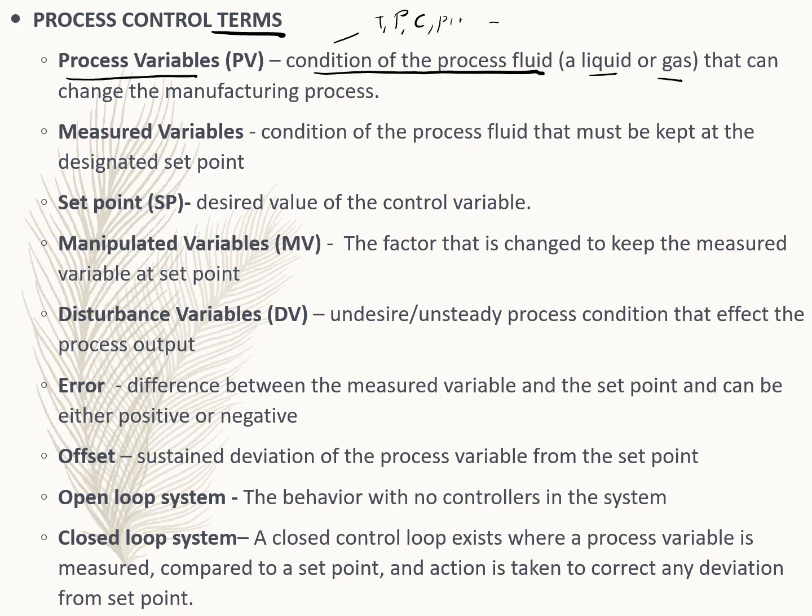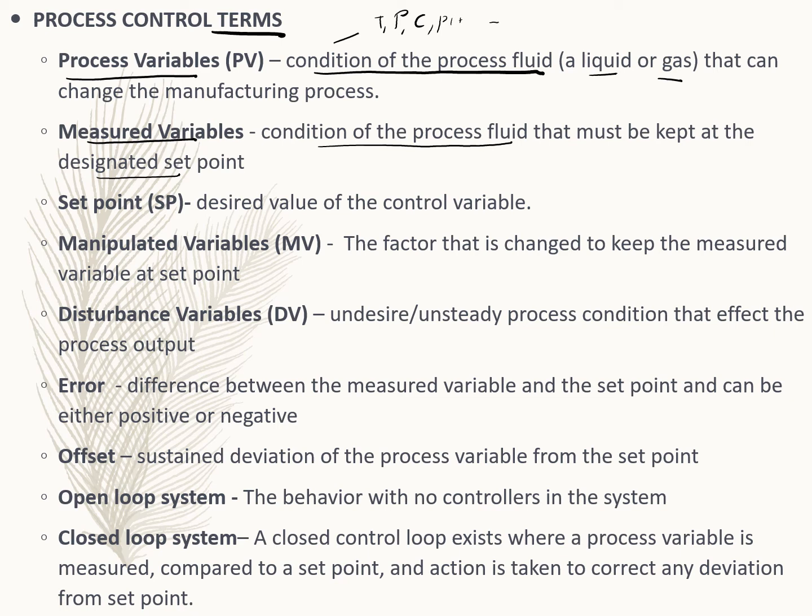So that one is a process variable, the condition of the process fluid itself. Measured variable is the condition of the process fluid that must be kept at the designated set point. Later on I will show inside the figure how this term is used, and also the components that I explained just now.